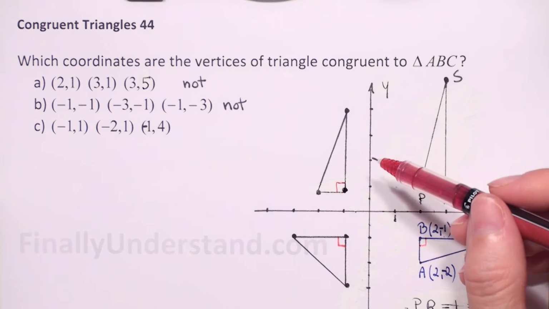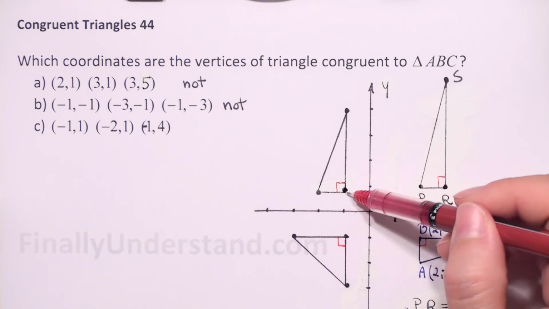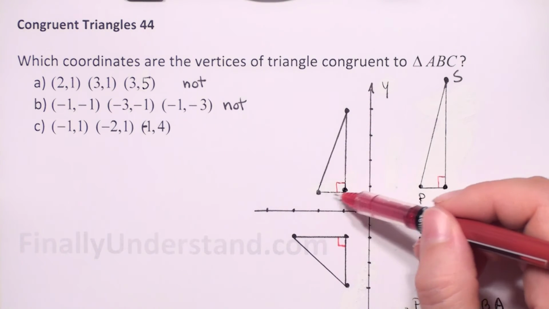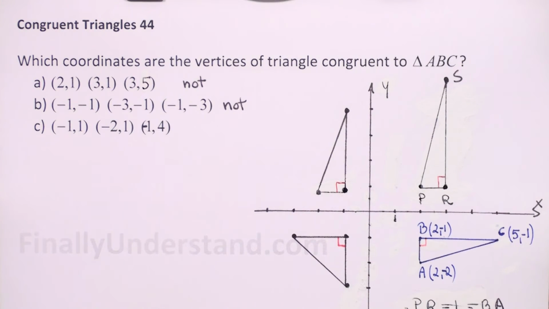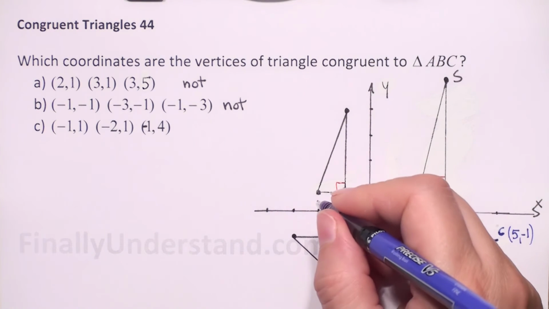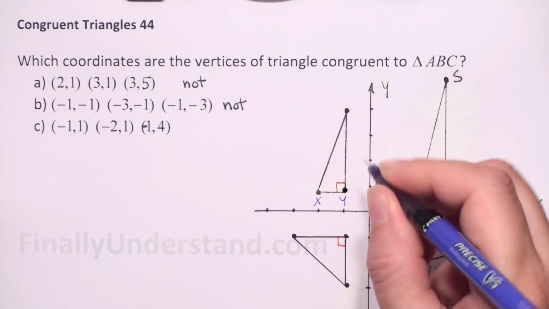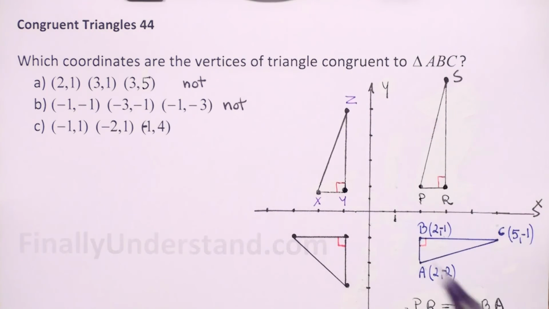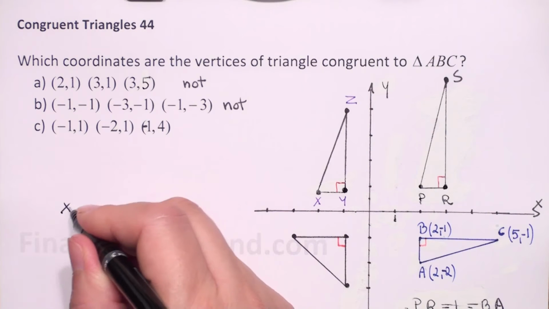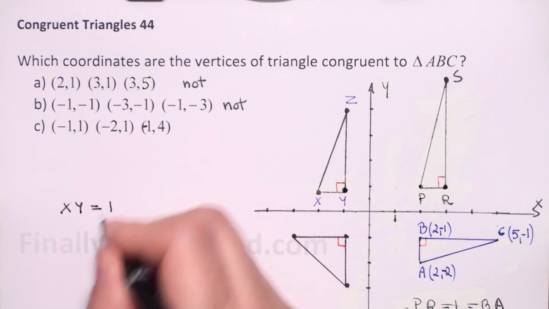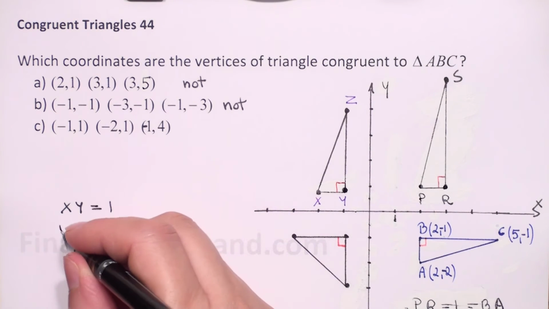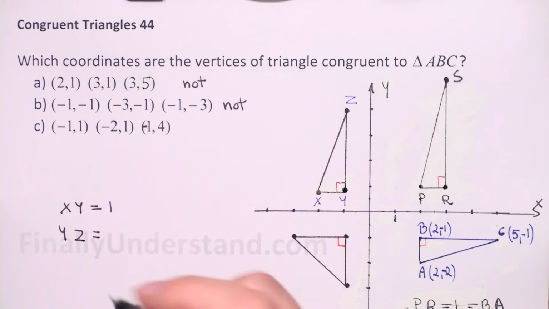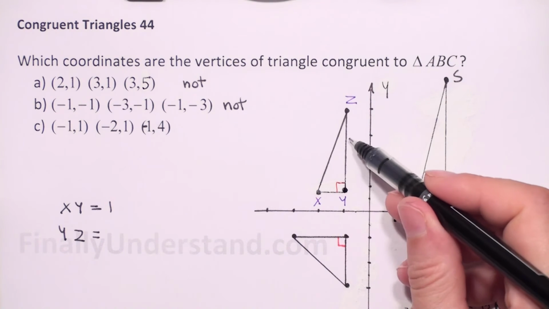Let's count the legs of our triangle. This side has 1. Let's put that this is our XYZ triangle, and we see that side XY has 1, YZ has 1, 2, 3.